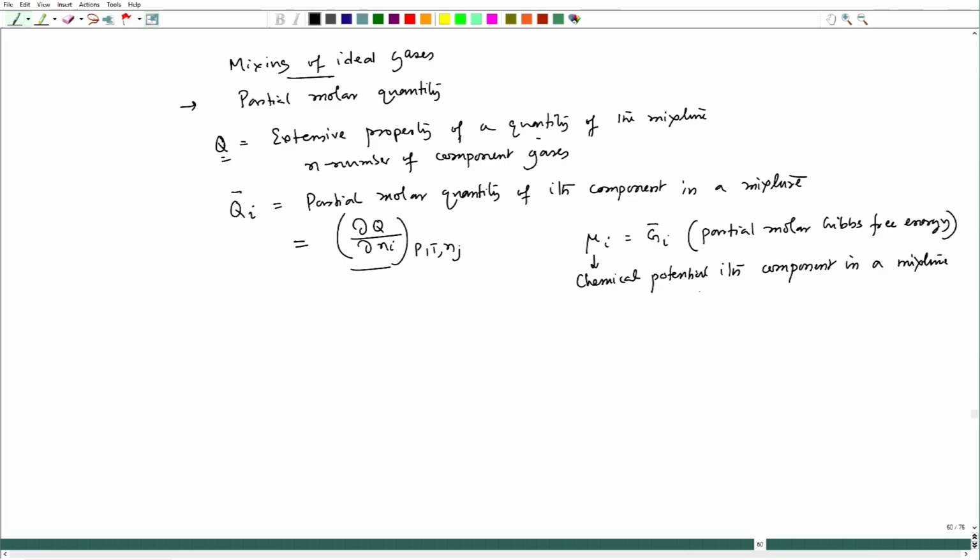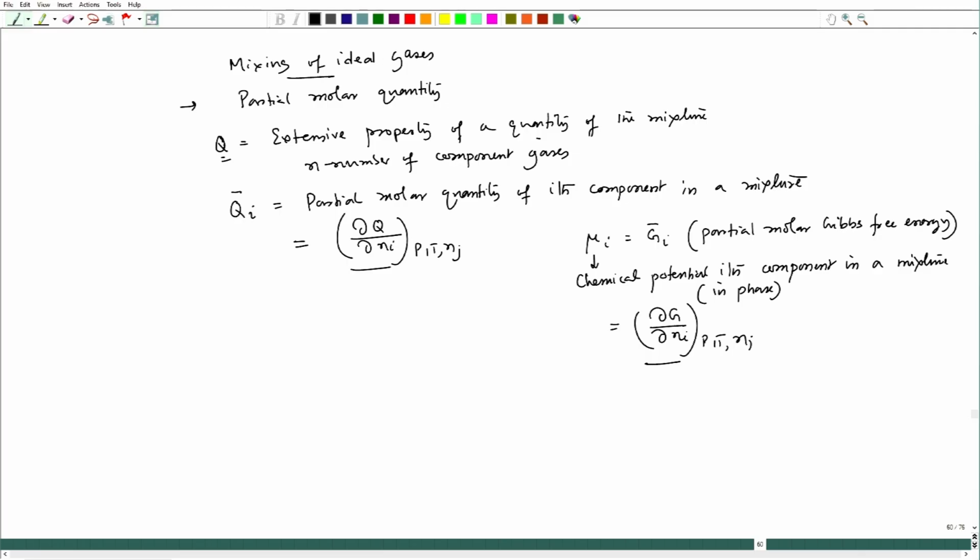When we talk about a mixture, it is basically in a phase. So, that mixture is a homogeneous mixture. Okay. So, that can be written as delta G by delta Ni at constant P, T, Nj. So, that means all other components are fixed. So, this becomes the partial molar free energy.